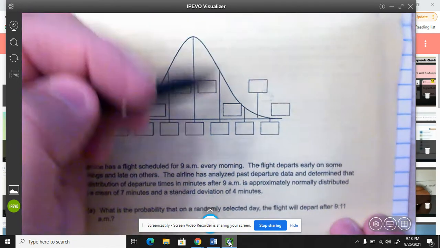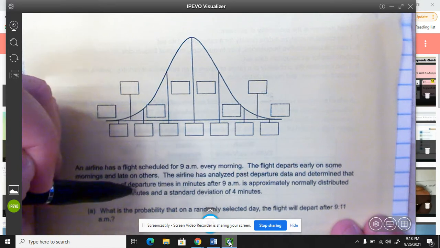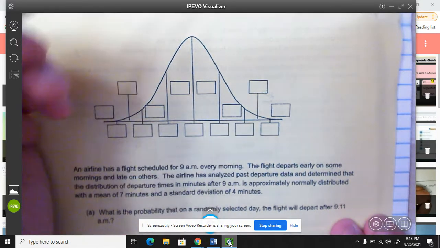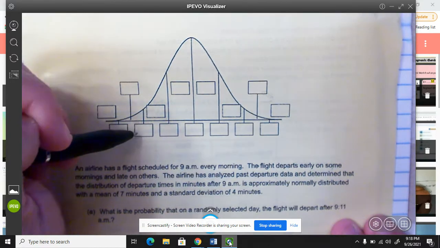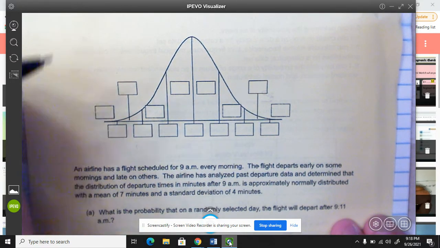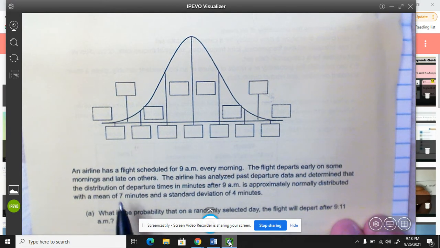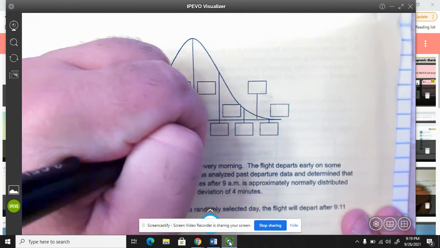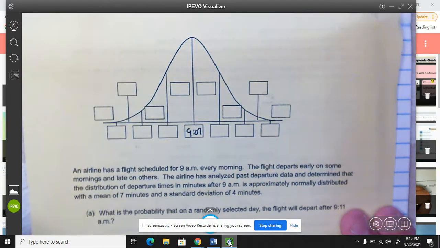Now, what I saw a lot of people put 7 immediately into here: 11, 15, 19, 4, -1, -5. However, if you read closely, it says the distribution of departure times in minutes after 9 is approximately normal with a mean of 7 minutes. That means the average departure time is 9:07.